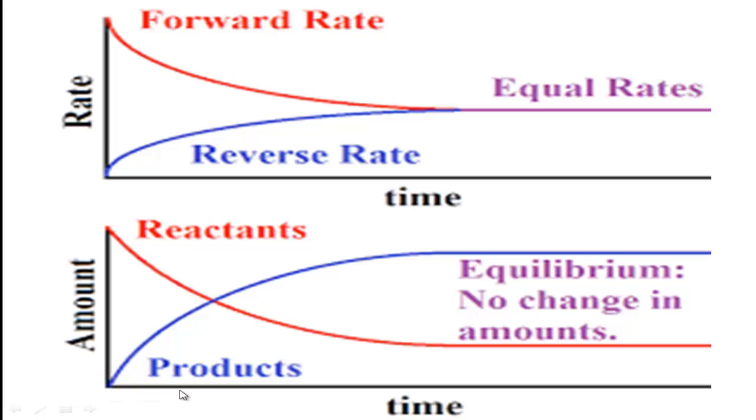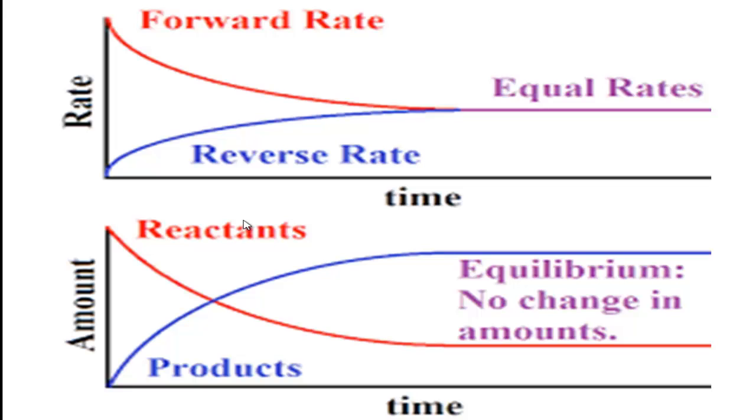But after the reaction starts, gradually the amount of reactants decreases and the amount of products gradually increases, and at some point, in equilibrium, the amount of reactants and products will be the same, with no change in amounts. So this state is known as the equilibrium position. I hope you clearly understand the equilibrium position.